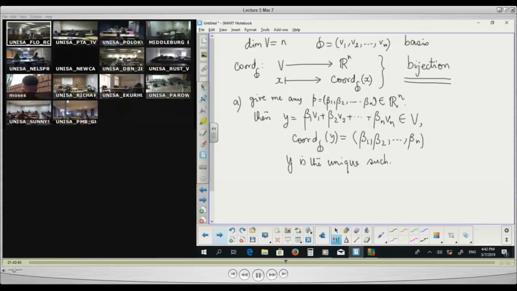Yeah? But is this just a function? No. Let's see. Suppose x is, so I'm just writing, and y.